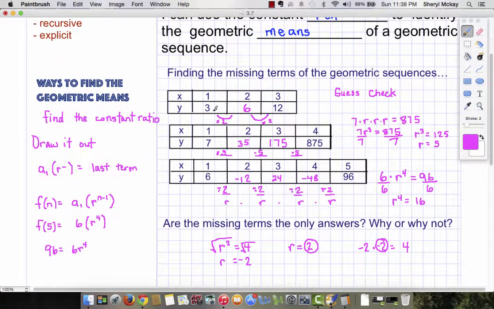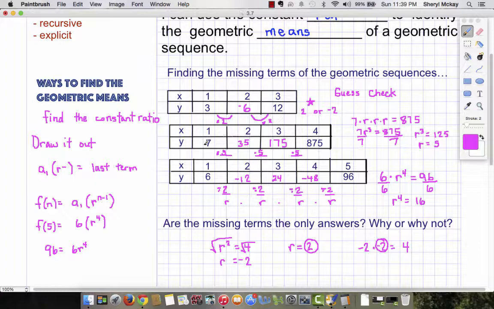could we have had a -2? Could we have said 3 times -2 gives me -6, and -6 times -2 gives me +12? Yes, I can have either 2 or -2, can't I? All right?